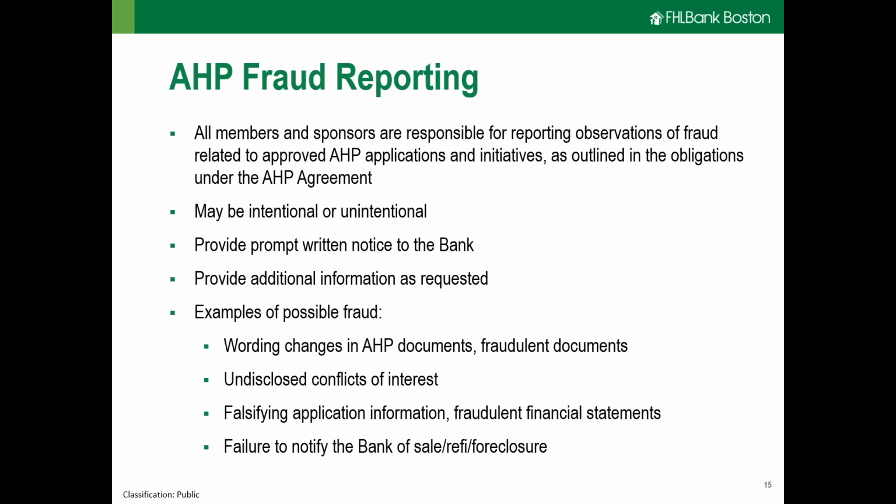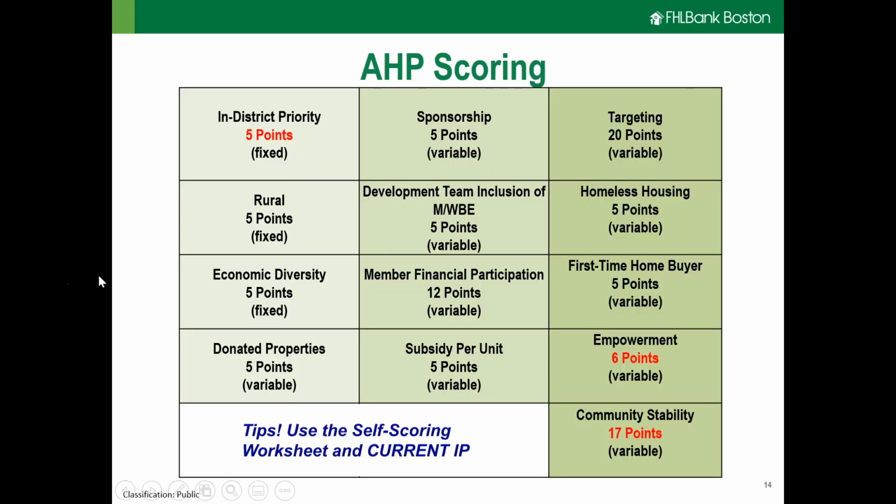And at the core of that is identifying and eliminating sources of fraud. And by that, we could have intentional or unintentional fraud. And if there is any of this, we really need to know right away. Some things can be worked around. If there's something where there's a misunderstanding with the guidelines or something like that, we can try to right the ship.